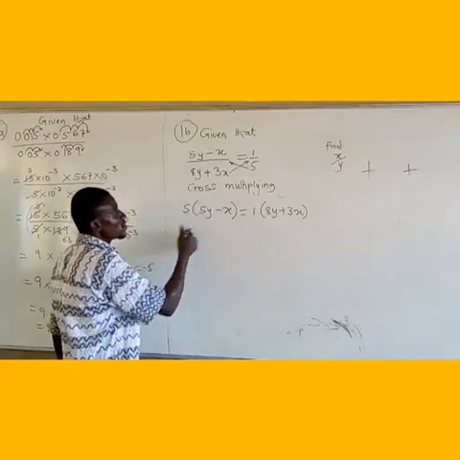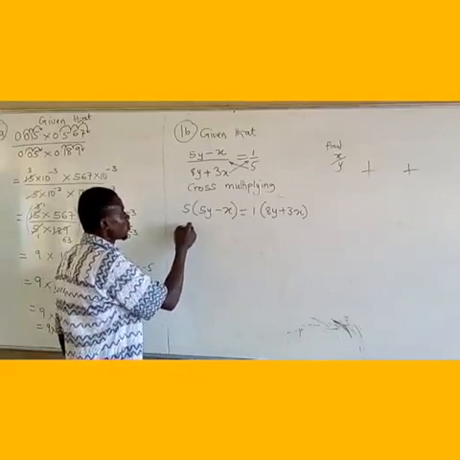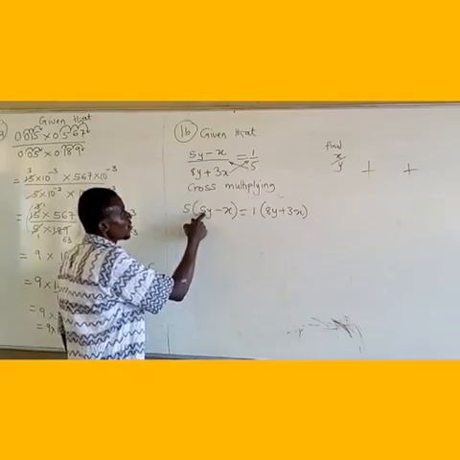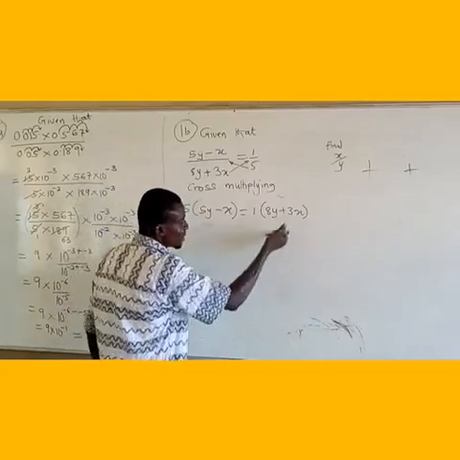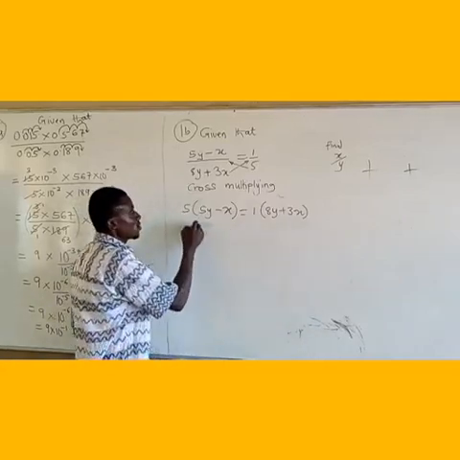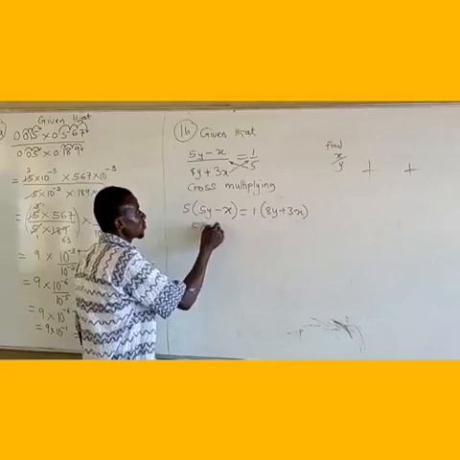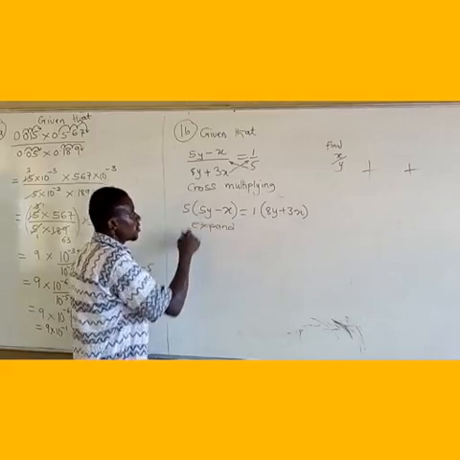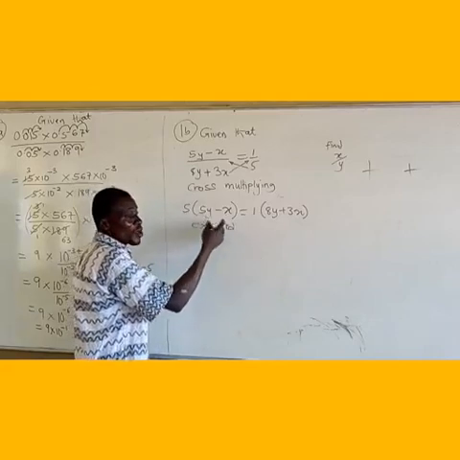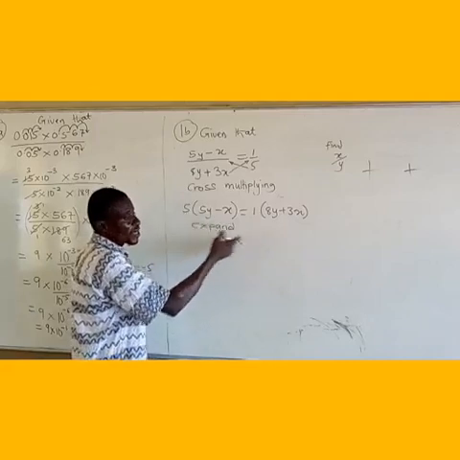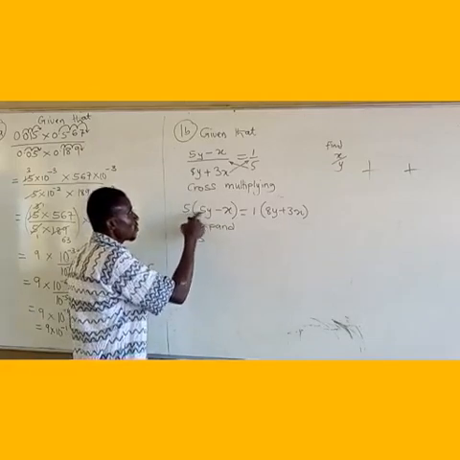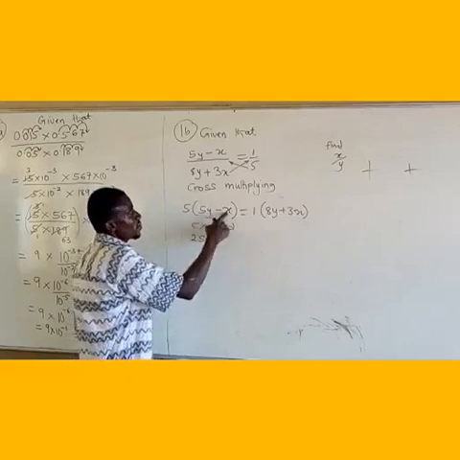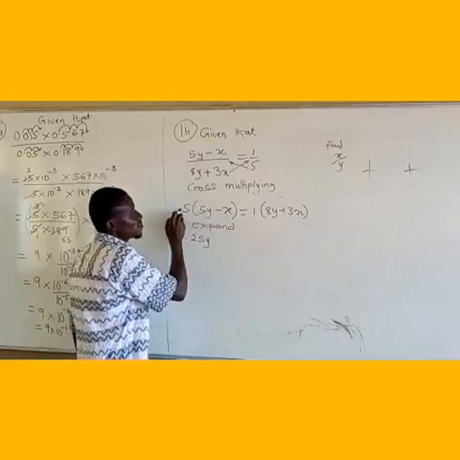So what you do here is you multiply 2 by 5, or what you call expansion. So we are going to expand, or open bracket, or remove bracket. If you expand, we get 25y. 5 times negative x, there's positive sign here.